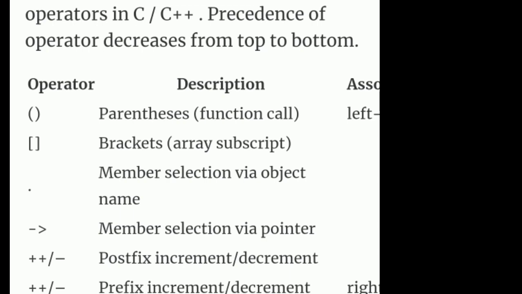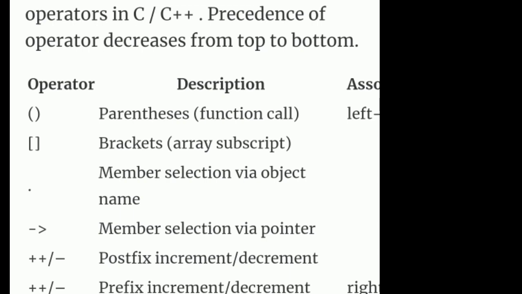If A is equal to 0 and B is equal to 0: bitwise A and B equal to 0, bitwise A or B equal to 0, bitwise A cap B is equal to 0.